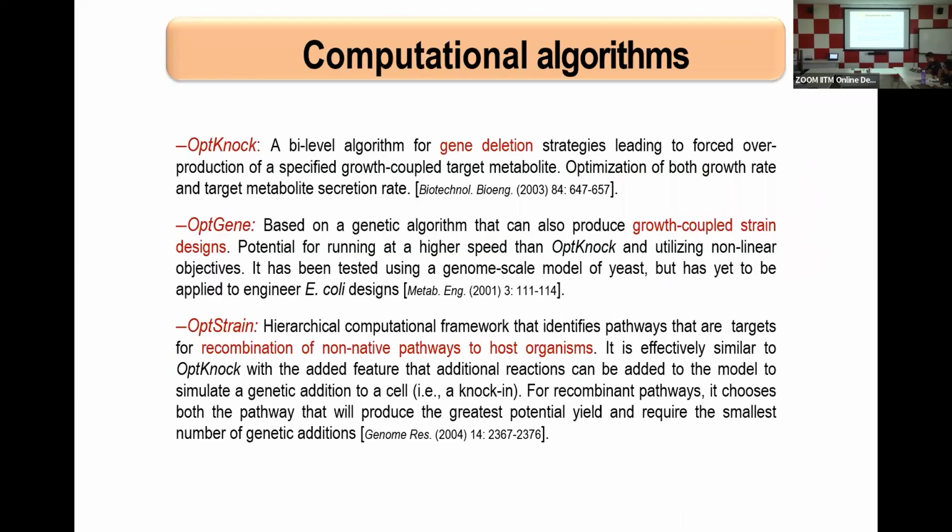One big tool to this end is the availability of platforms that will predict what is the consequence of knocking out a gene here and there on the final distribution of metabolites in your strain, or in particular in E. coli. So years ago, for instance, these three platforms were developed of gene and of strain.